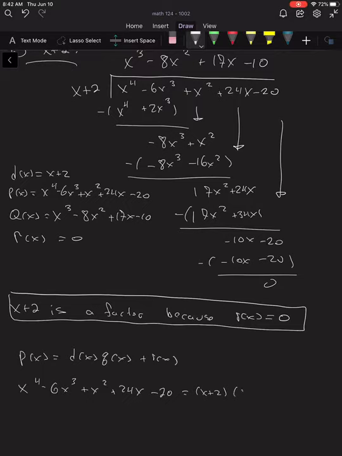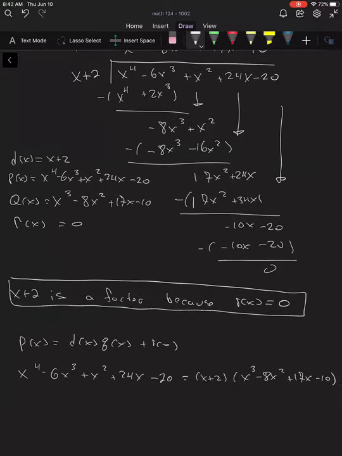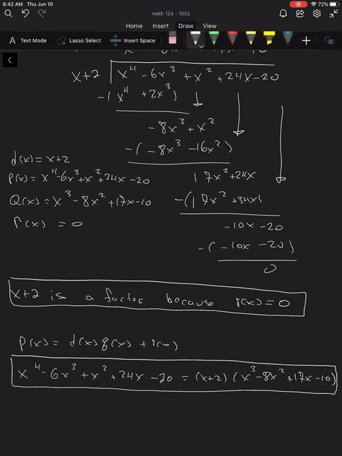Q of x is x to the 3, 8x squared, plus 17x minus 10. And then plus the remainder, but the remainder is 0. So really what we just did here is we used division to factor this piece into this times this. So this is just sort of like an extra piece of why we're doing this division. So now we can factor things that are more complicated by using this long division.